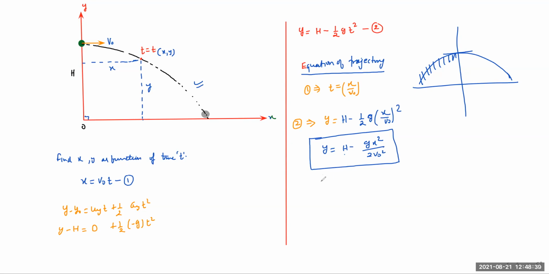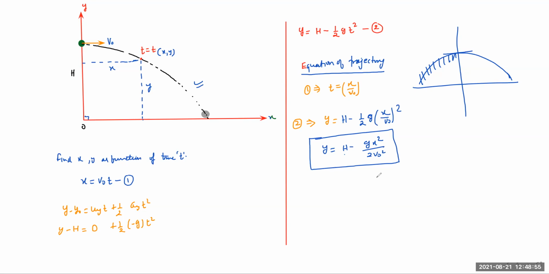So the value of y and x relation is this much. This is a very often asked question in projectile, and this will give you the freedom to solve any question if you know the x.